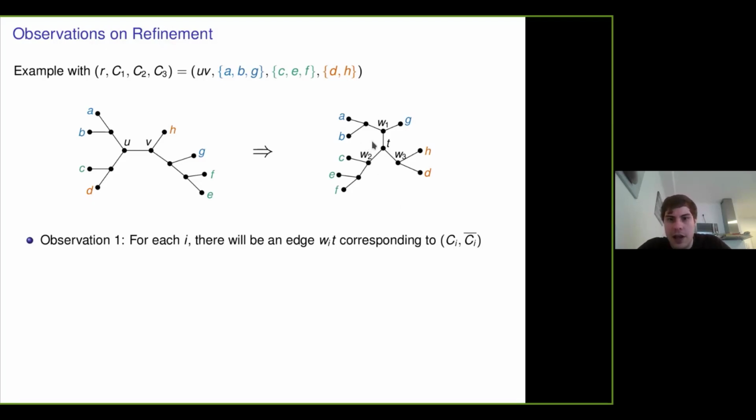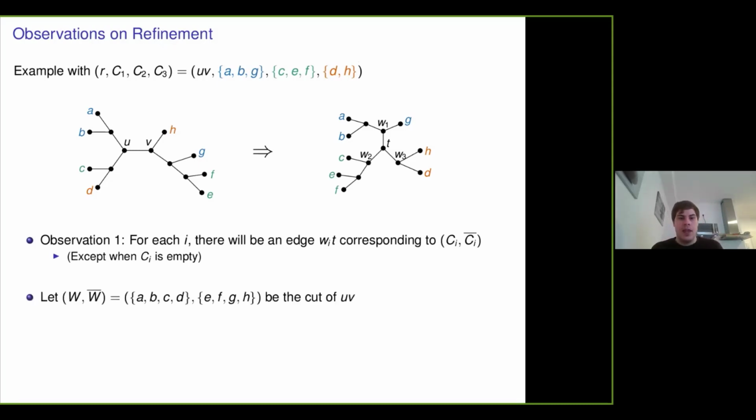So these edges near this center T will be these edges, except of course when Ci is empty, since Ci can be empty here. And then let's say W bar is this cut corresponding to U and V here.